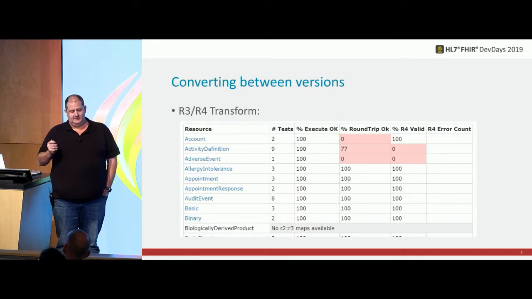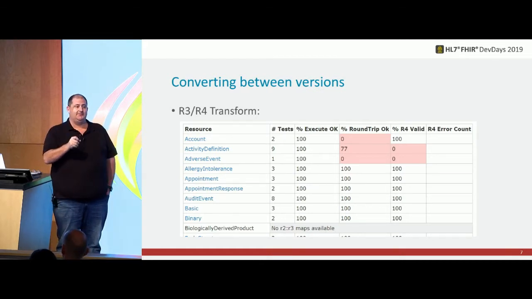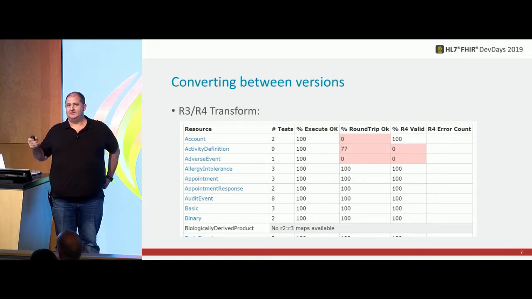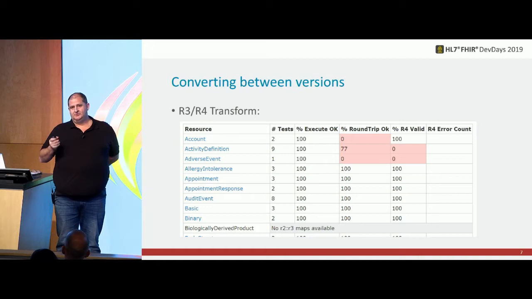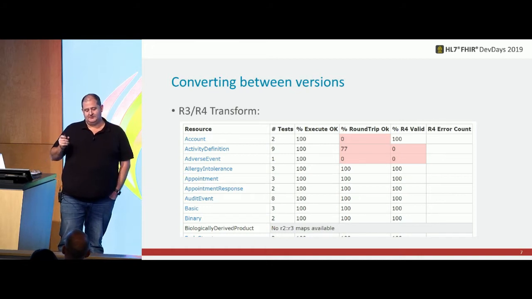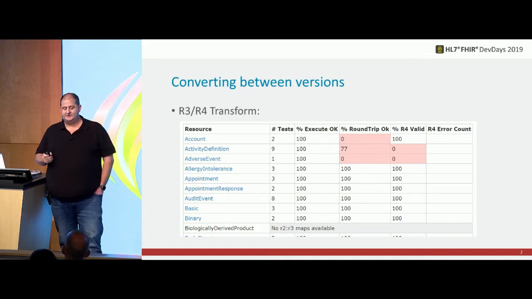Then we have transformation code that transforms between R3 resources and R4 resources. This needs a little bit of explanation, this one. So we have a mapping language in FHIR, which I'm going to talk about, I think, on Wednesday. The mapping language is an unusual language because it's fully declarative, and I'll talk about why that's good on Wednesday.